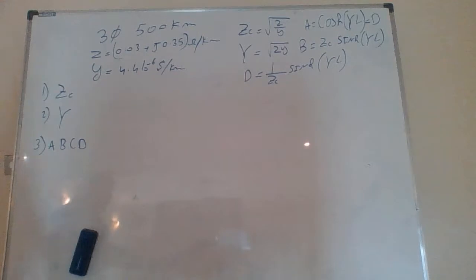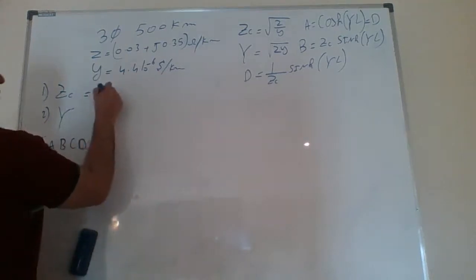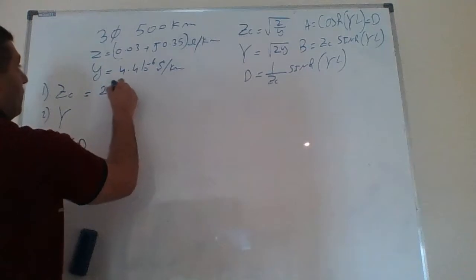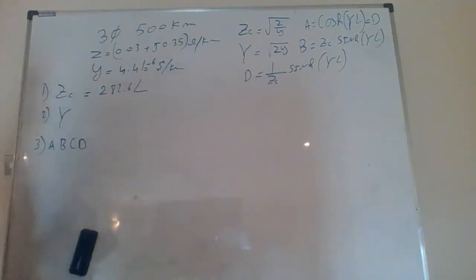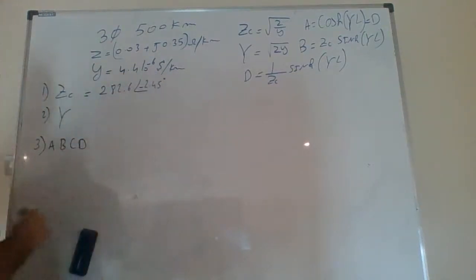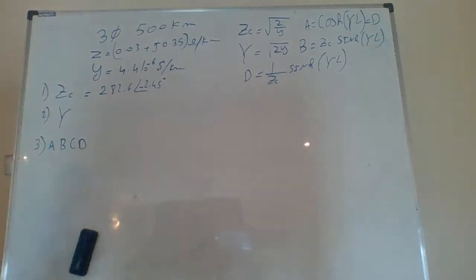All I have to do now is plug in. I divide Z over Y to end up with ZC equal to 282 angle minus 2.4. Then the propagation constant I find is 0.622.